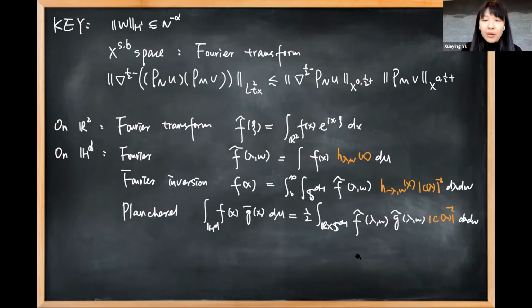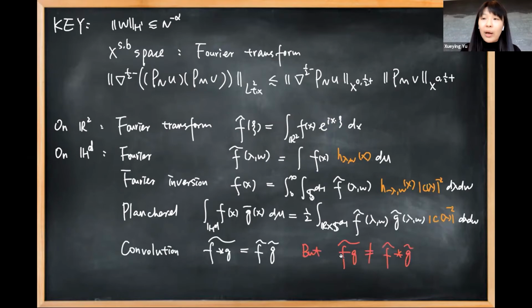But one really bad piece of news is that we don't have the Fourier convolution theorem, which is, I guess, my favorite theorem, because you really need the Fourier convolution theorem to deal with the nonlinear term, especially the second half. It means that the Fourier transform of the product of functions equals the convolution of the Fourier transforms.